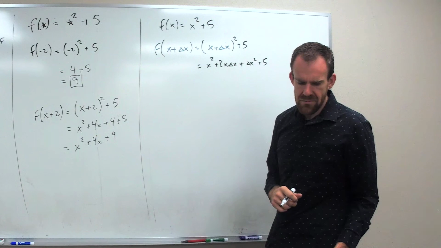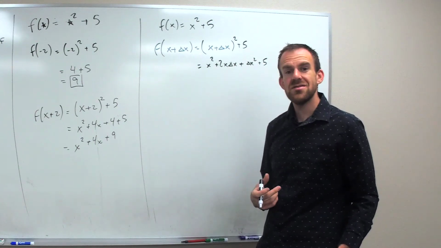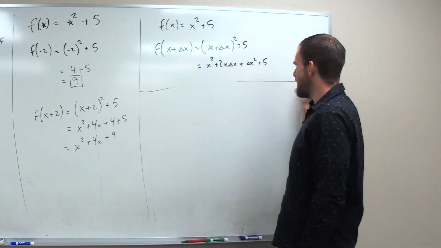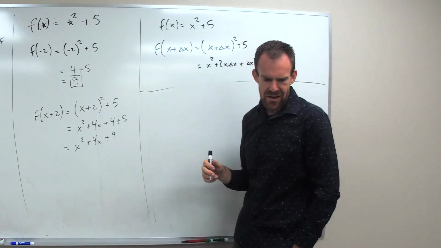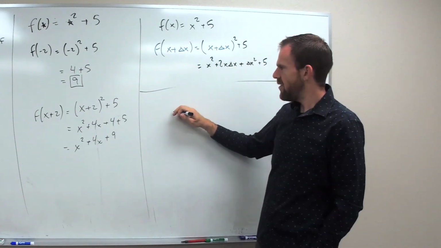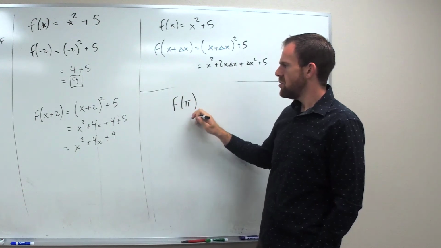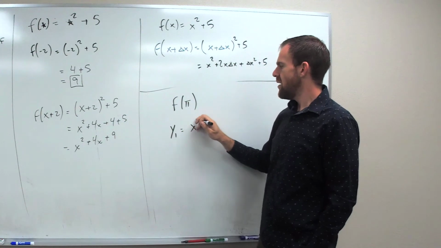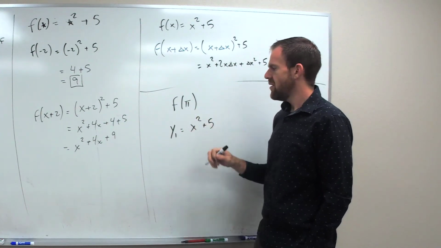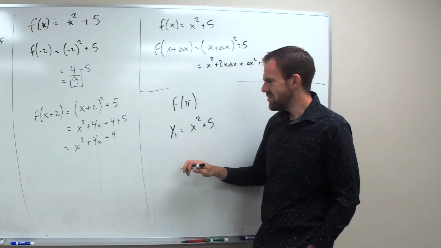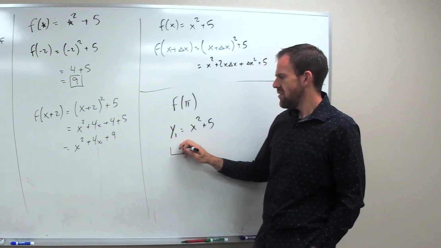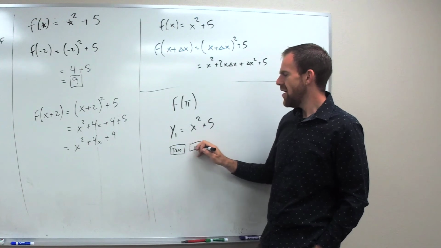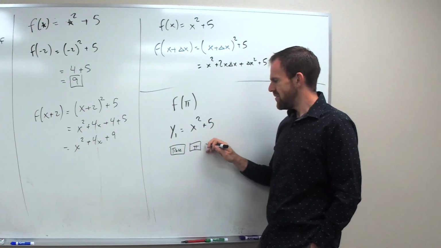Okay, there are some questions in there asking you to use a graphing calculator to estimate the value. What you're going to do is you'll plug in that function. So if we are estimating f of pi, you would plug in this function to y1 equals x squared plus 5. And then the easiest way to do it is to hit the trace button and plug in pi and press enter.